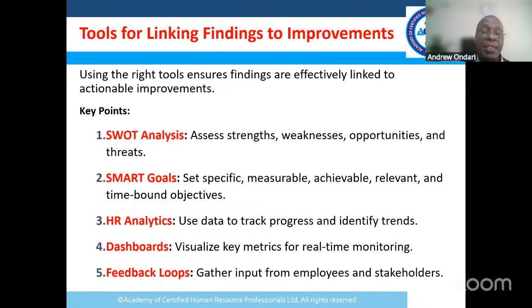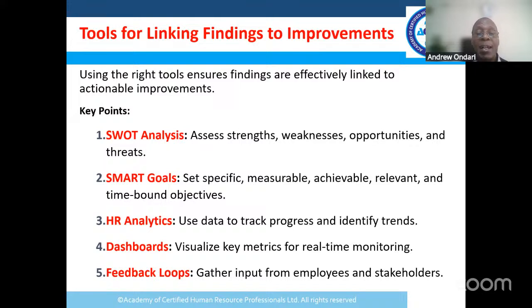The system is real time because in today's organizations, we don't have the luxury of time to wait for things to happen. So if, say, you have a dashboard, whatever you do in HR should be seen by everybody in your department or other departments at the time you are doing that. That is in real time.